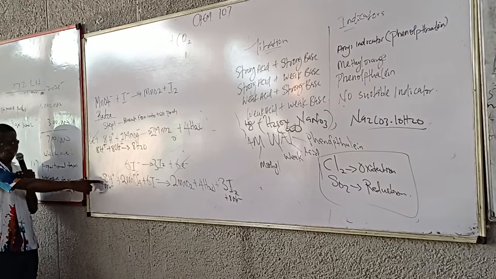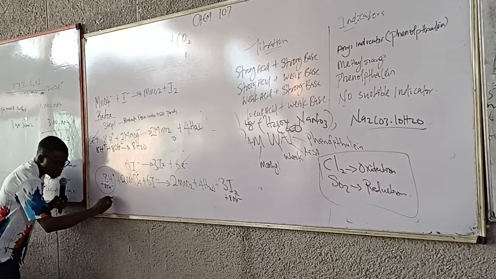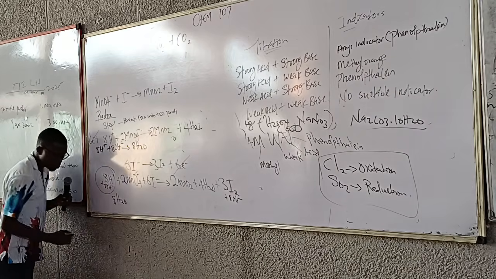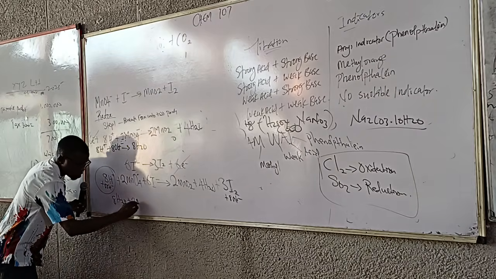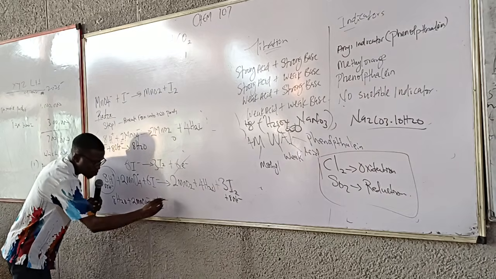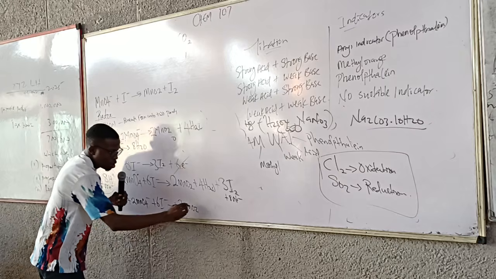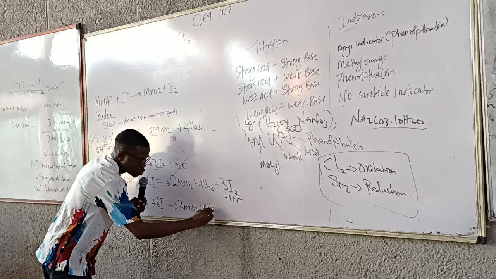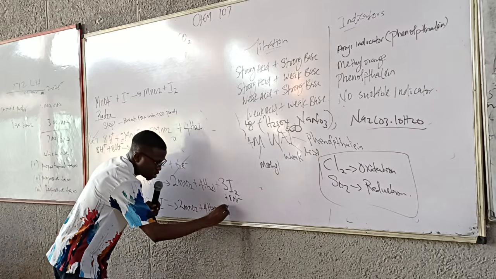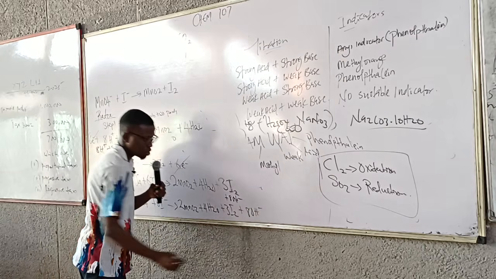So this one will convert to water. I will now have 8H2O plus 2MnO4 minus plus 6I minus to give me 2MnO2 plus 4H2O plus 3I2 plus 8OH minus.